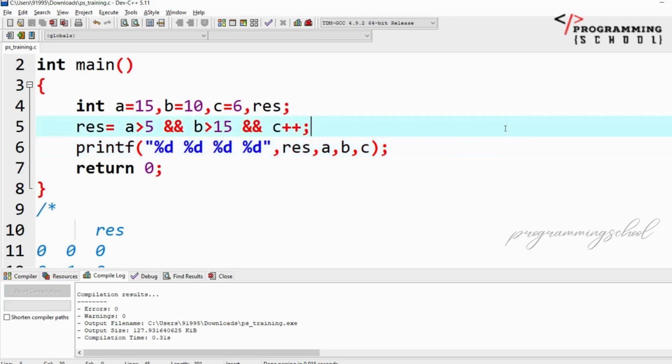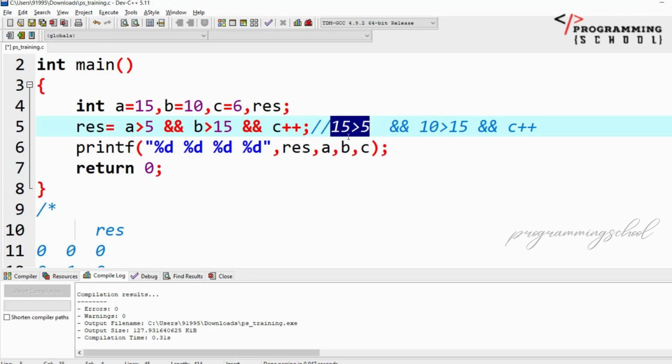For example, here is how it is going to work. A is greater than 5, that means 15 is greater than 5. Is it true? Yes, it is true. And B value is 10. 10 is greater than 15? And C++, like this. 15 is greater than 5.